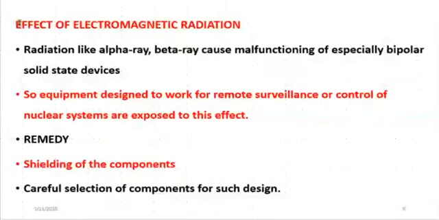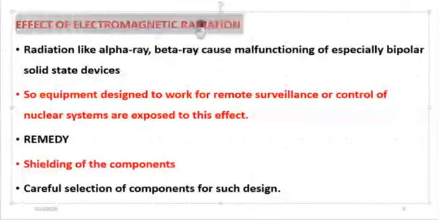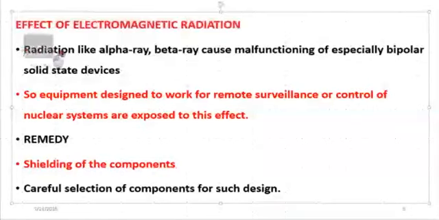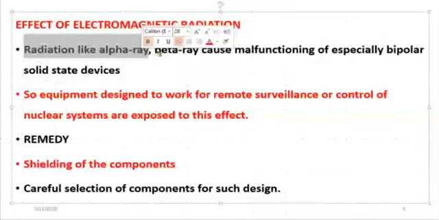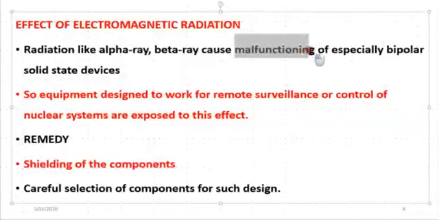Also, among the environmental stresses, we have electromagnetic radiations, and we know the electromagnetic radiations include the alpha ray, the beta ray, the gamma ray, and all those radiations that exist in the atmosphere. And whenever they come in contact with the components, they cause malfunctioning of those components, especially if those components are bipolar solid states, like transistors.